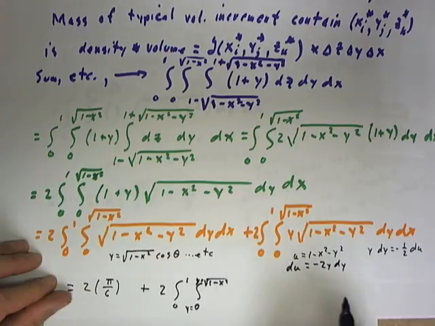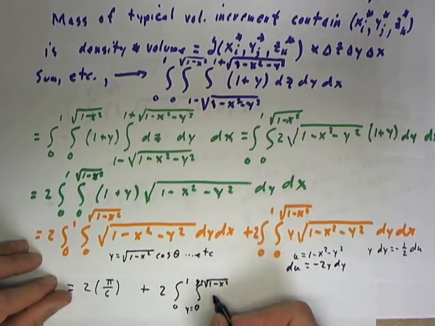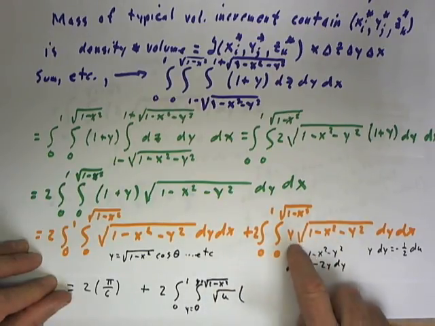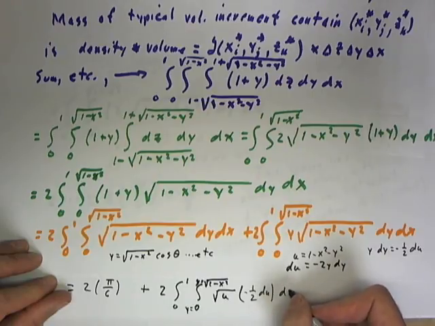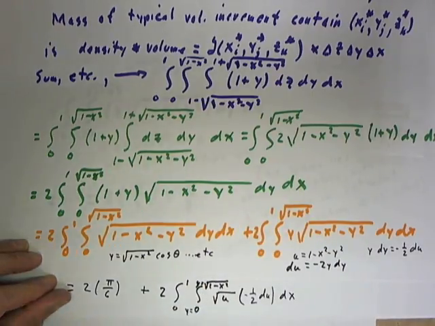So this is going to be times what? This is just the square root of u, and y dy is negative 1/2 du. And then we, of course, have our x integral on the outside. So these integrals break down to this.